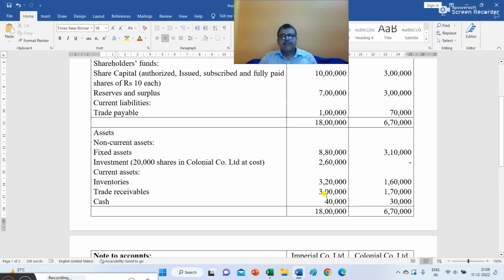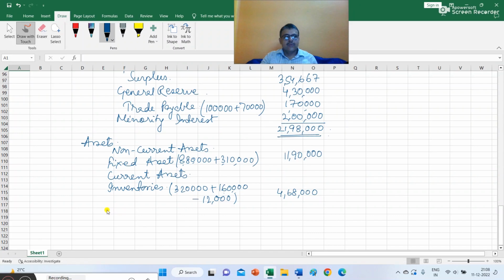Trade receivable of Imperial Company Limited is 3 lakh and that of Colonial Company Limited is 1,70,000. So I have to add the value of trade receivables, 3 lakh plus 1,70,000 is 4,70,000.